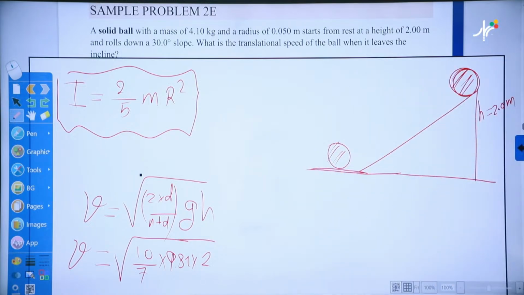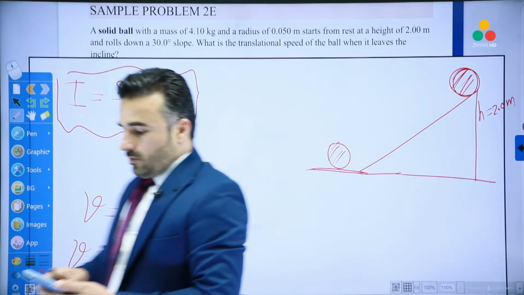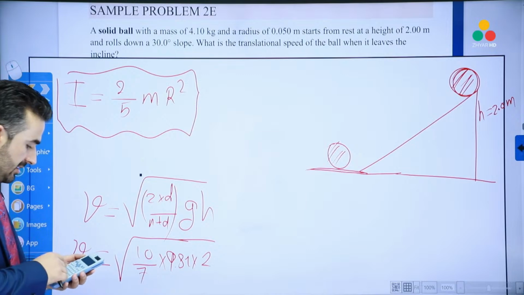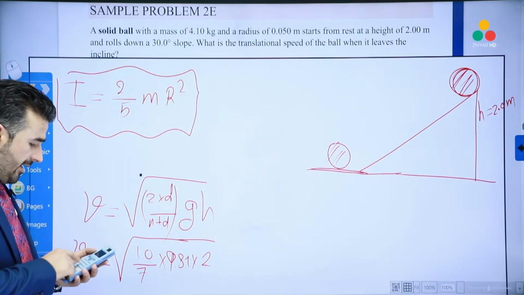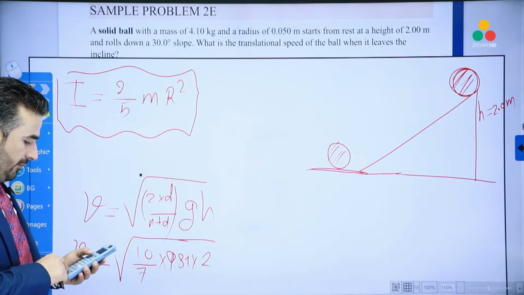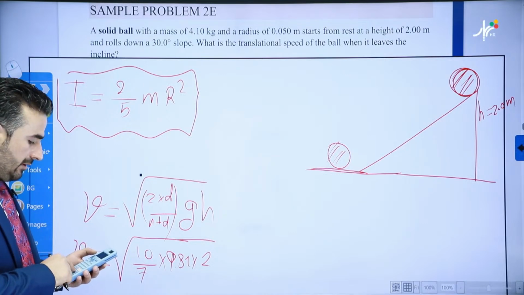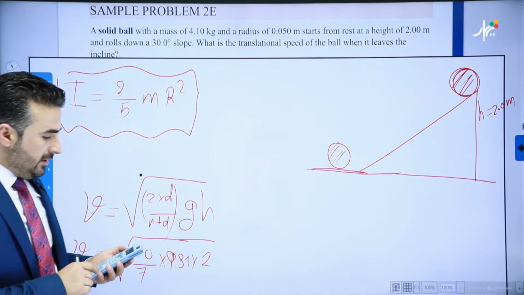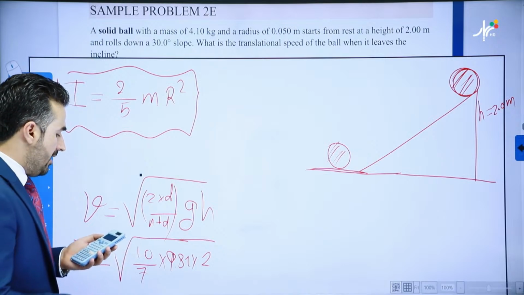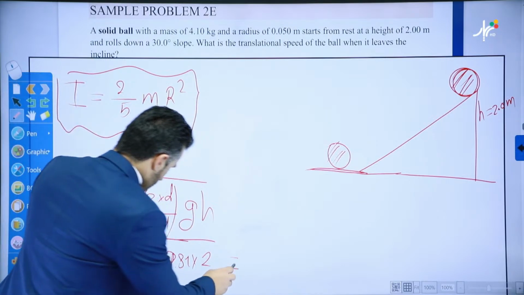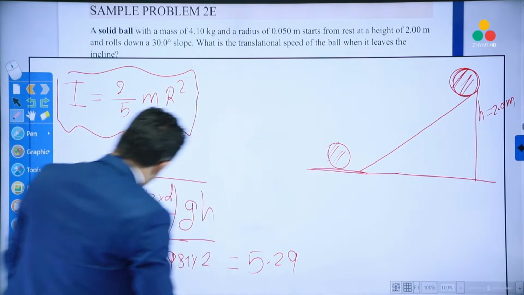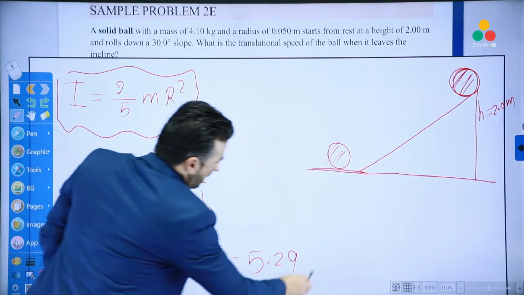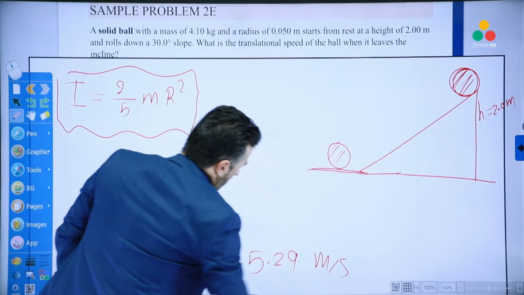Let's get a calculator and see what the result will be. The square root of 10 divided by 7 multiplied by 9.81 and then multiplied by 2 meters, and then equals, you will see that the answer is 5.29, and because it is translational speed, the unit is meters per second.